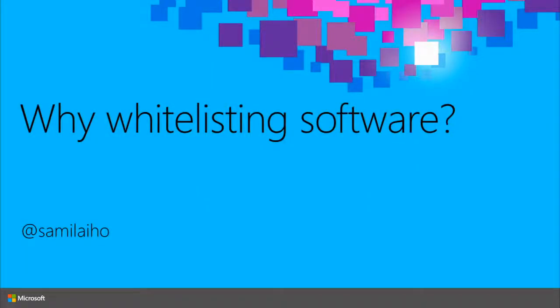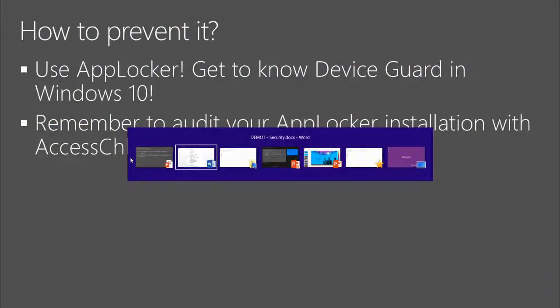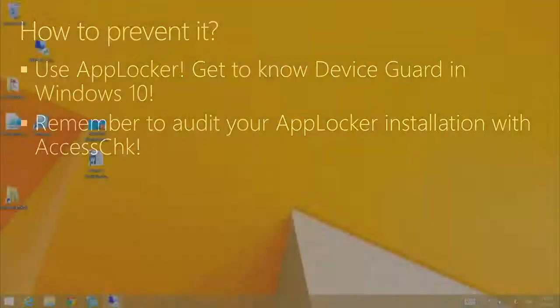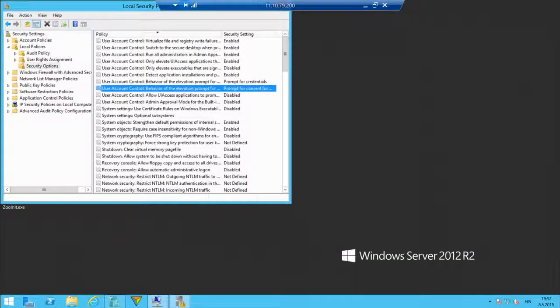Why whitelisting software? Again, another demo and how to do it properly, how to protect it. Oops, sorry, that's the wrong one. Let's try this. We've got a Windows 8.1 box now. Why don't I show it on Windows 10?